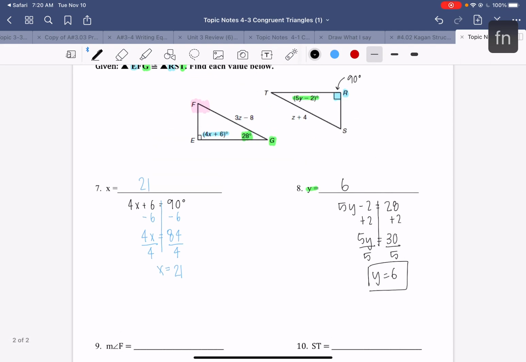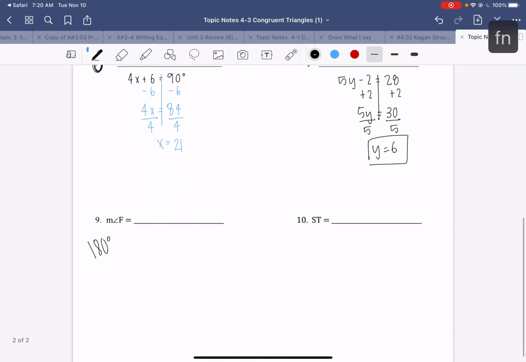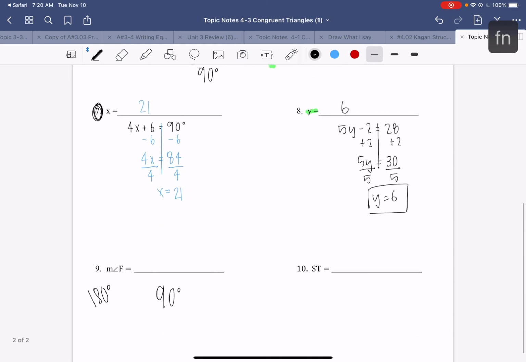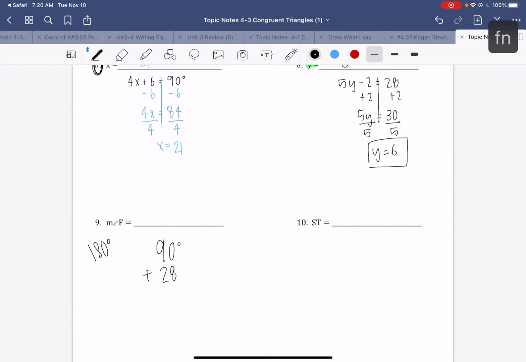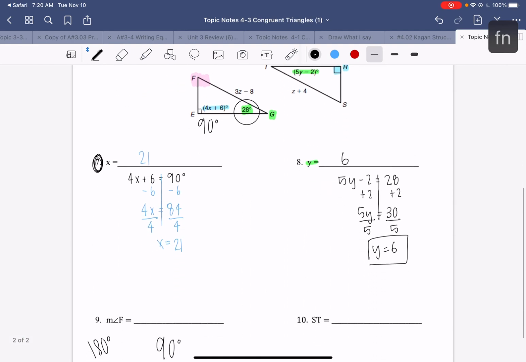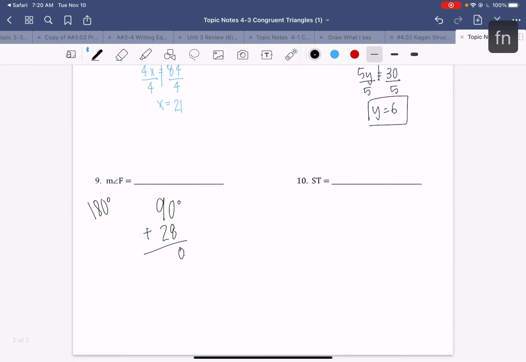When solving for x, we determined that angle E is 90 degrees, and we have a 28-degree angle for angle G. We're trying to find angle F, so we add up the two angles we do know and subtract from 180. Angle F is 62 degrees.